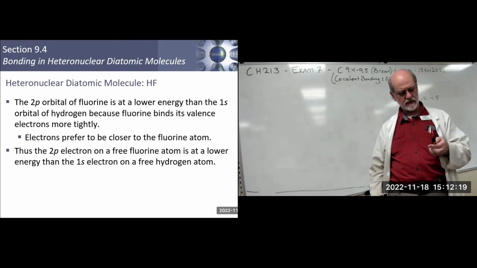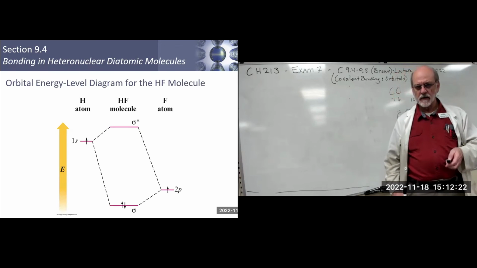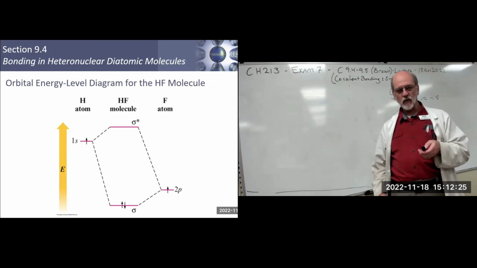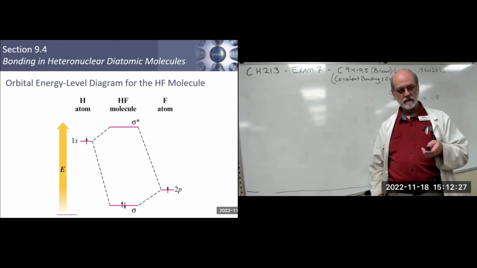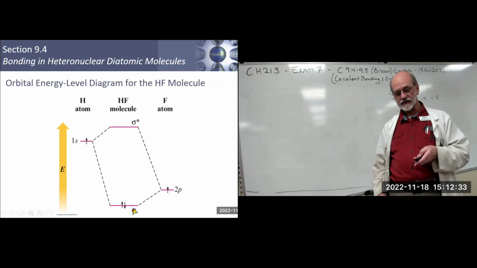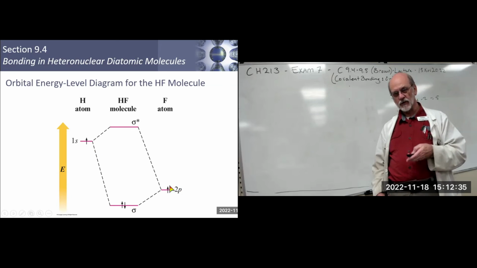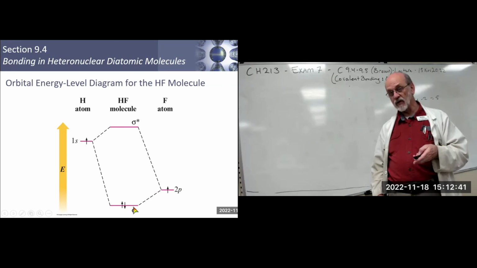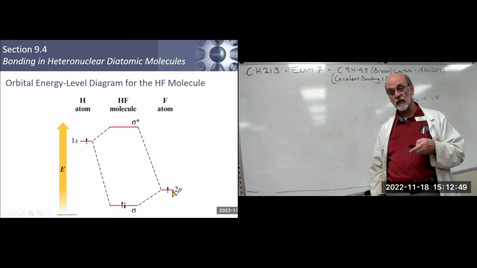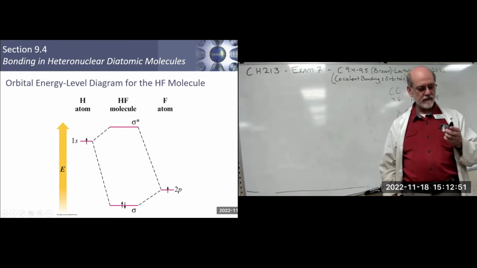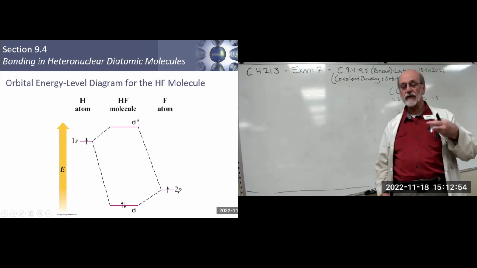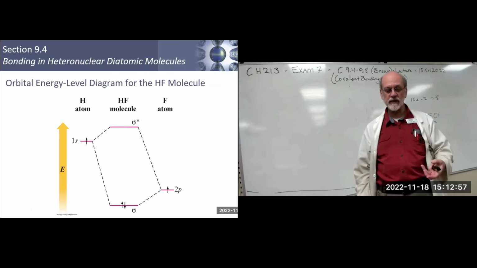And I think on the next slide, yes, we're going to get molecular orbitals that are due to the 1s from the hydrogen, which is at a high energy level, and the sigma, the p from the fluorine puts the sigma way down here, very low energy. So this is a fairly strong bond. And that also puts the electrons closer to the original energy level of the fluorine, which says we should have polarity toward the fluorine, which is in fact what we observe.